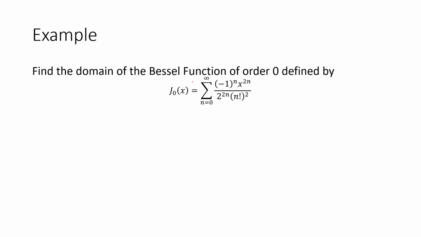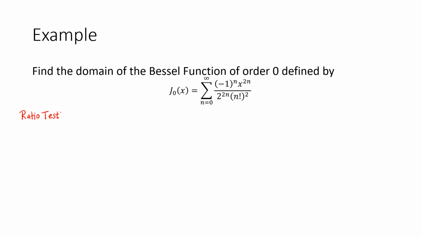So what can we do to solve for the domain? Well, we can do what we did before and try and find for which values of x this series will satisfy the result of the ratio test that makes that ratio less than 1. So we'll do the same trick we did in the previous example with the ratio test.